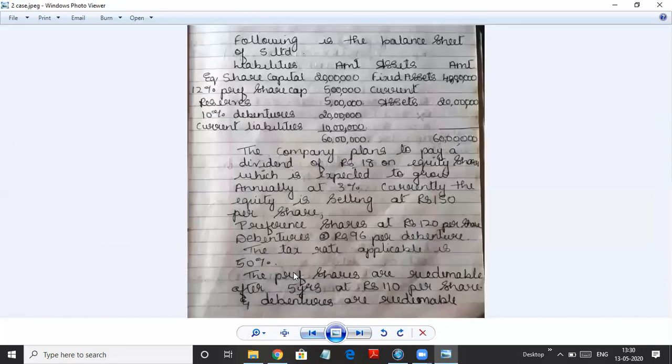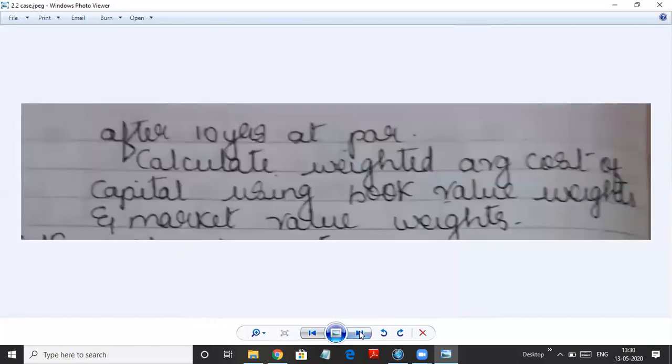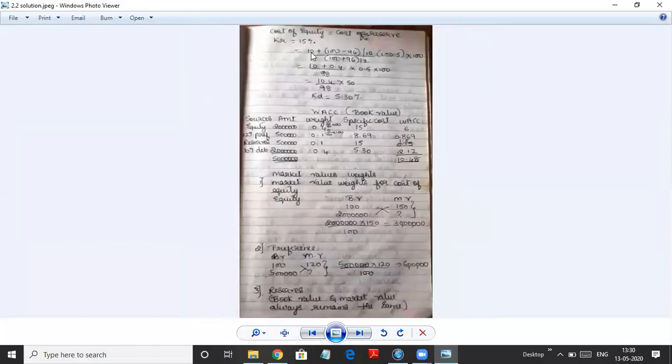So we will find the cost of debt now. Cost of debt: it is being redeemable after 10 years, and then it is selling at what price? Let's just check. Debentures are selling at 96, so this is the net proceeds, 96. Then face value we assume it to be 100, and 10% is the interest on that. So on 100, 10% interest.